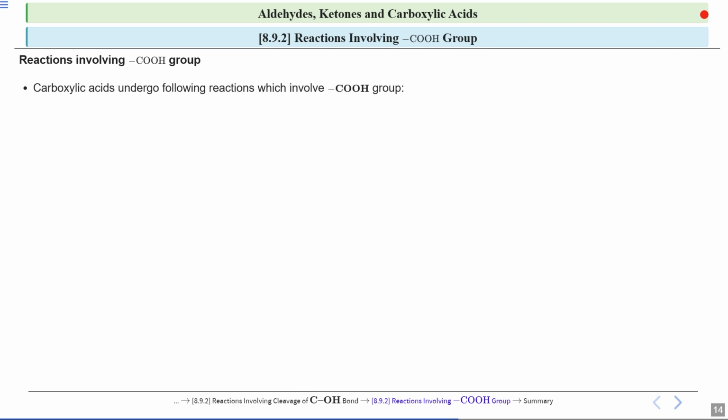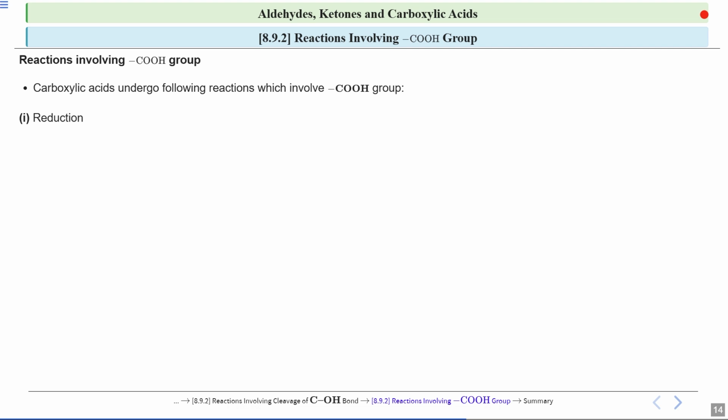Now we will see that carboxylic acids undergo the following reactions which involve the COOH group. First we will discuss reduction. Reduction involves the conversion of a carboxylic acid group into an alcohol.